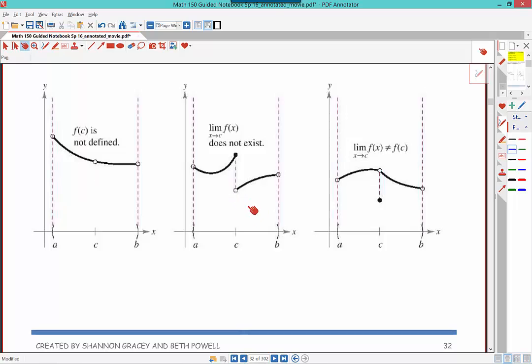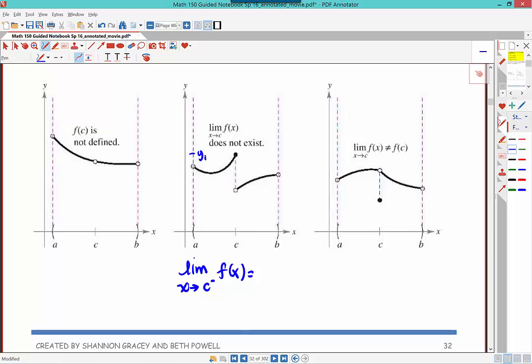Now the second one, if you notice at f of c, what part fails? Good. The limit as x approaches c from the left side of this function f of x is equal to what? Good, it's equal to this one y value, whatever that may be, right? Call this y1.